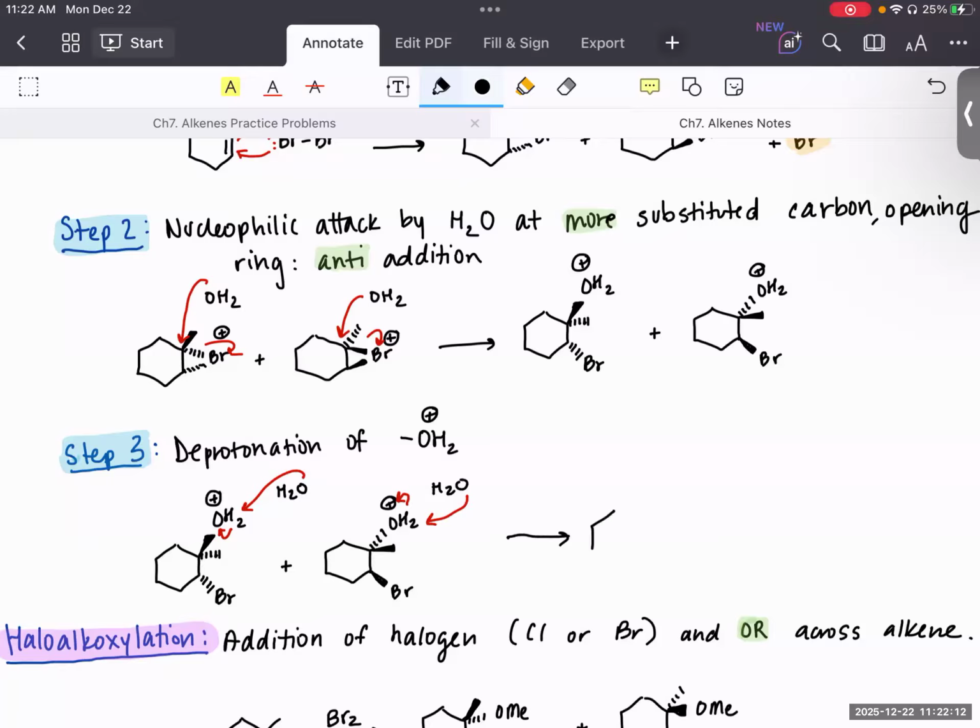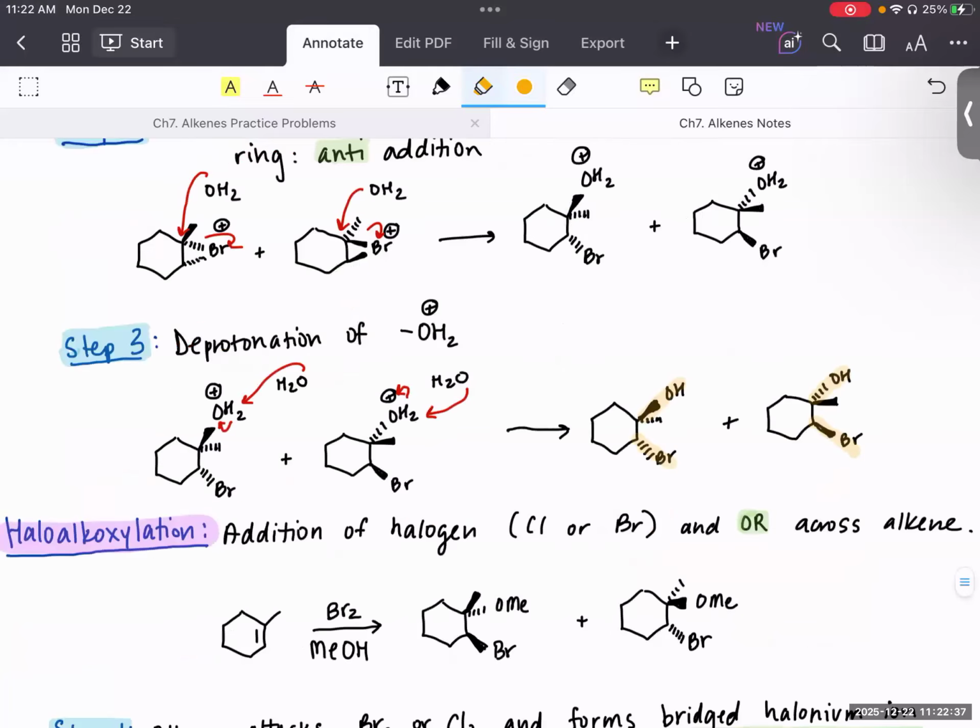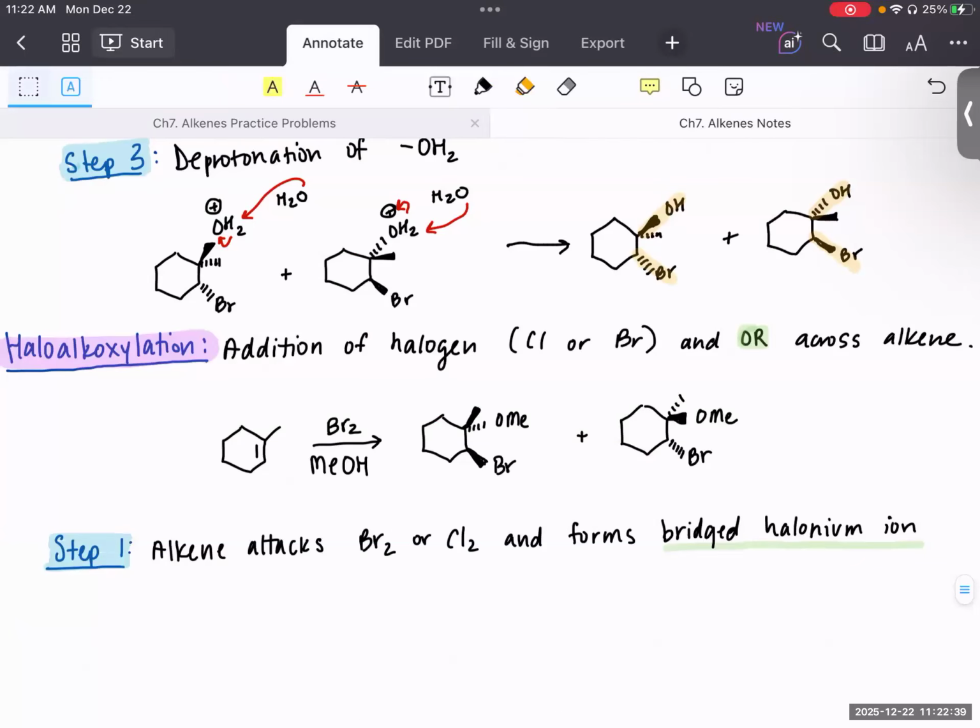And we end up with our final products, where we have an OH that's wedged and that bromine. Similar to the reaction that we just did above, we end up with the anti-addition of the OH and the bromine overall. And similar to the other one, we also didn't go through a carbocation intermediate, so we don't have to worry about rearrangements in this one.